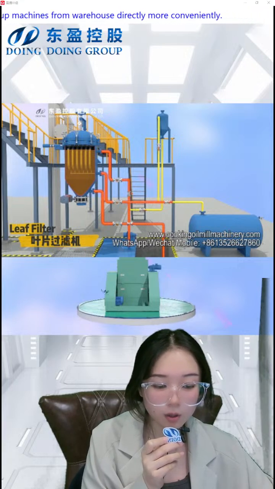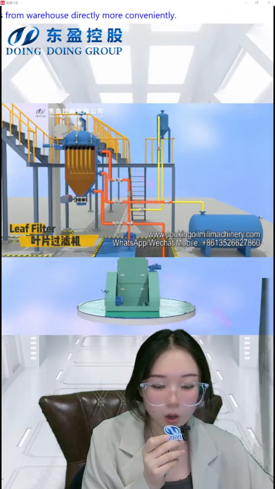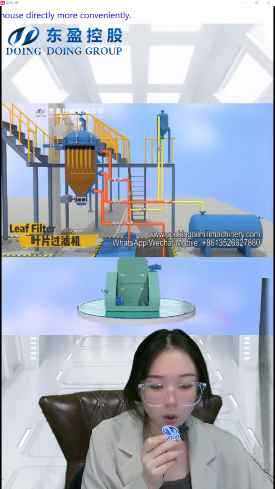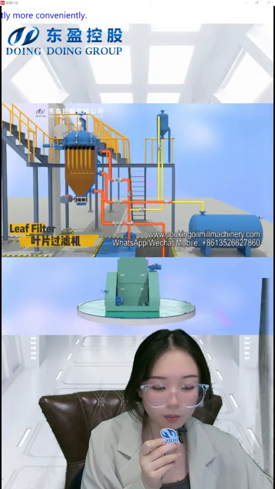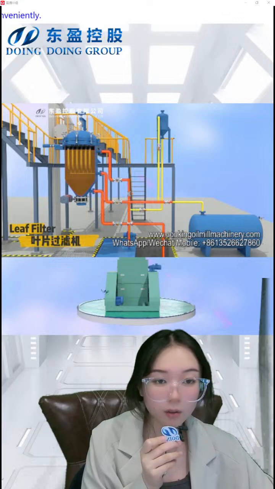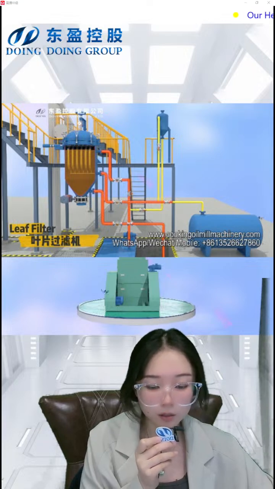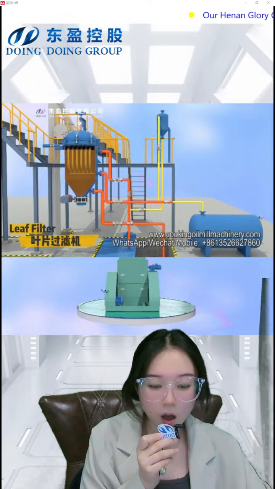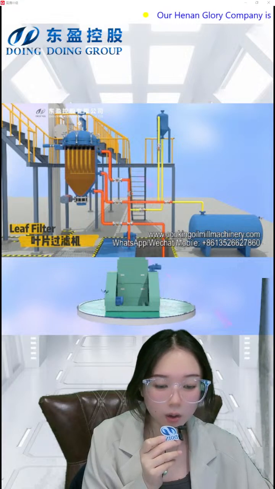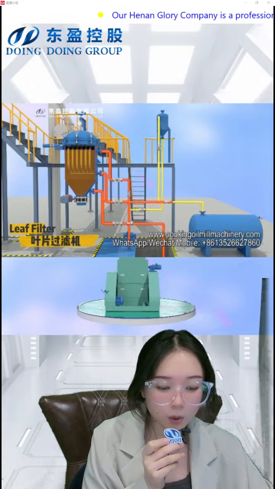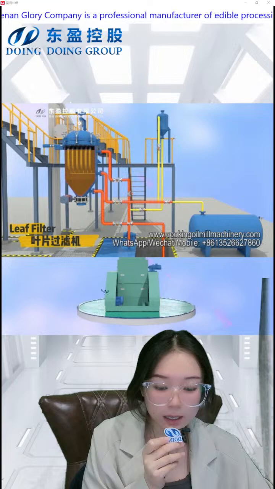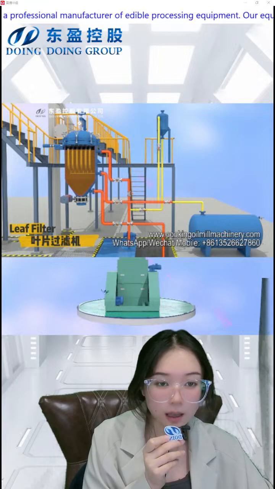According to the different needs of our customers, we have 3 types of frying pans: gas-fired, biomass-fueled, and electric. Oil presses include not only common spiral oil presses, but also hydraulic oil presses and automatic temperature-controlled oil presses.